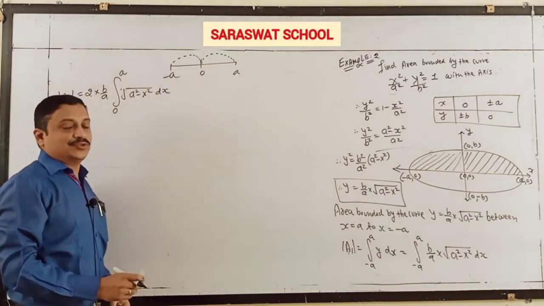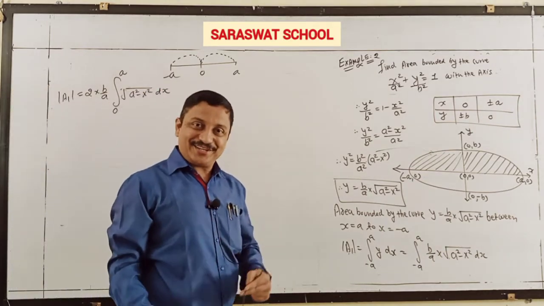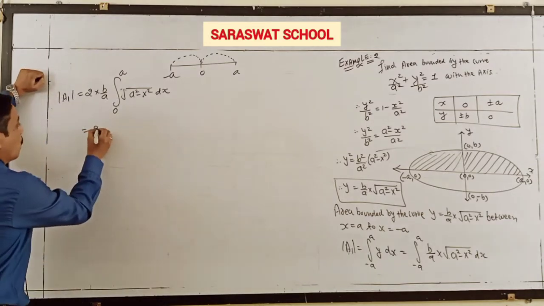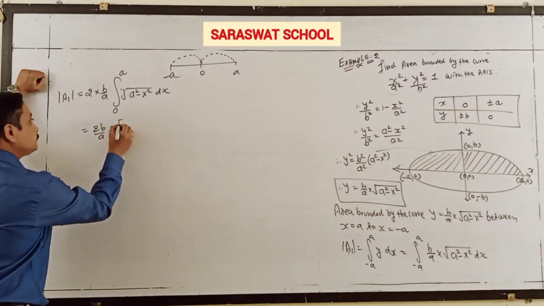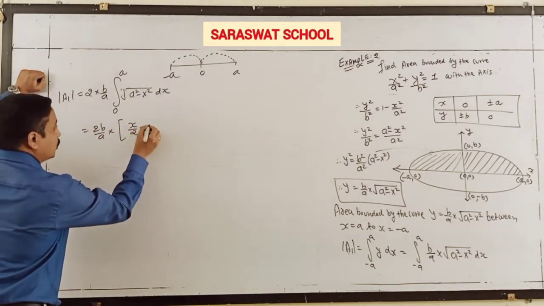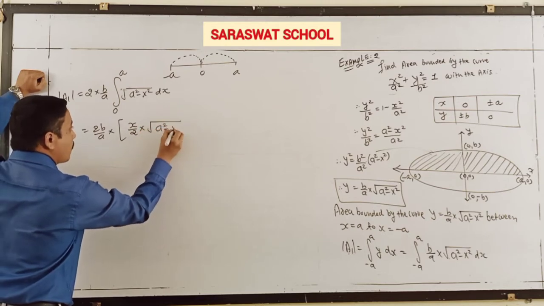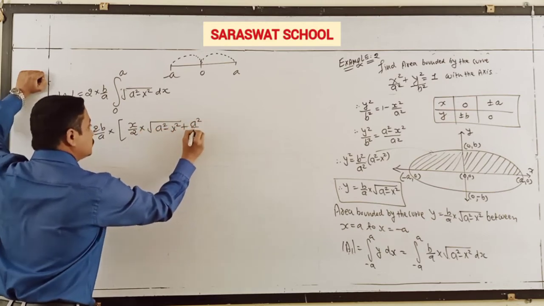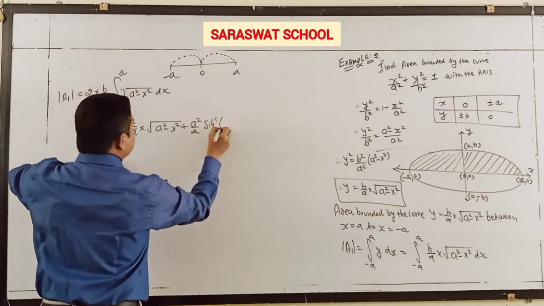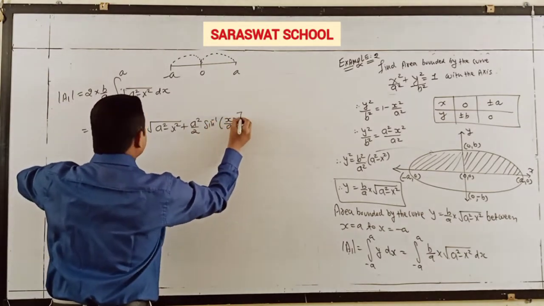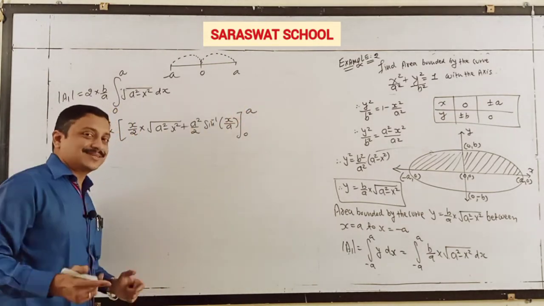Now you create your solution by integration. So 2b by a, x by 2 under root a square minus x square, plus a square by 2 sine inverse x by a, limits as it is.